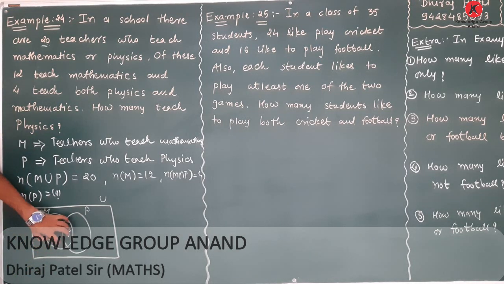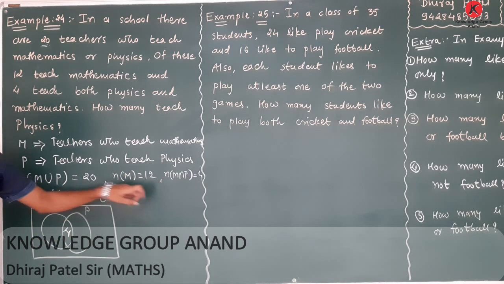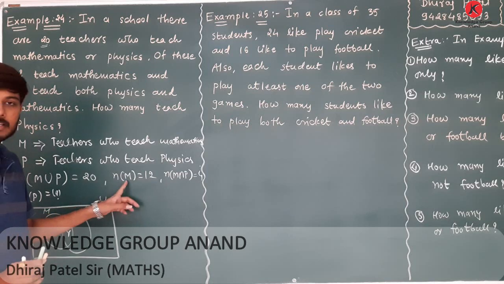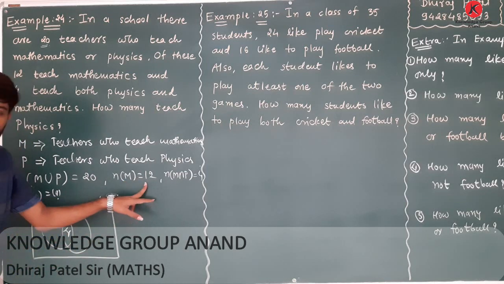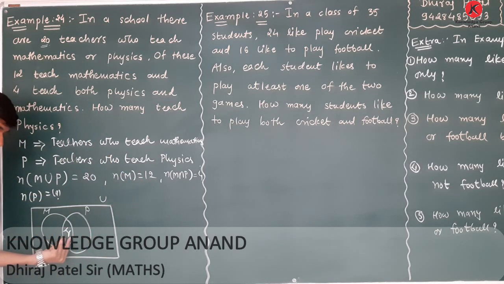Now we know that the total number of elements of mathematics, M, equals 12. Among the 12, 4 elements are here. Therefore, you have to write 8 elements here only. 8 plus 4, total 12 elements in mathematics.